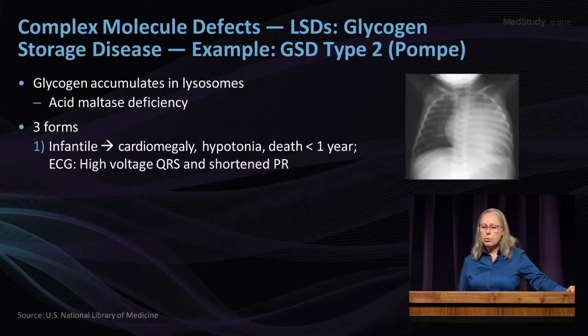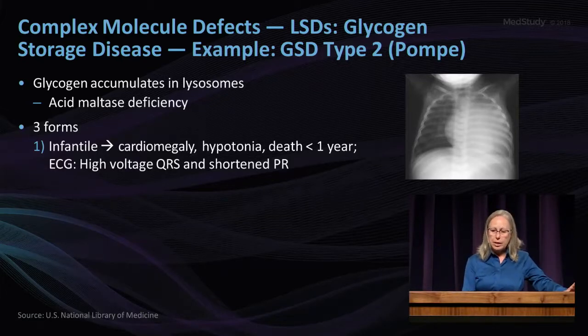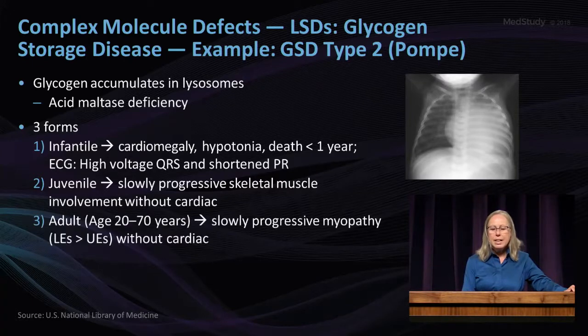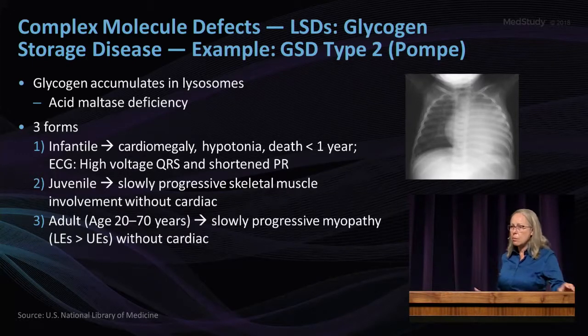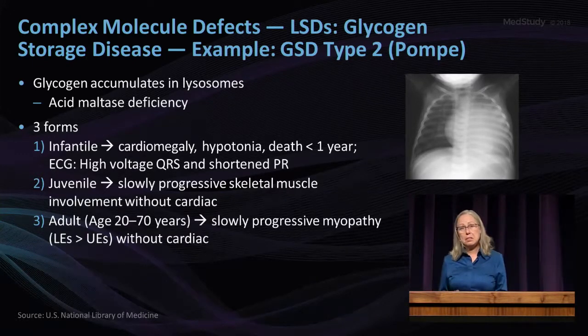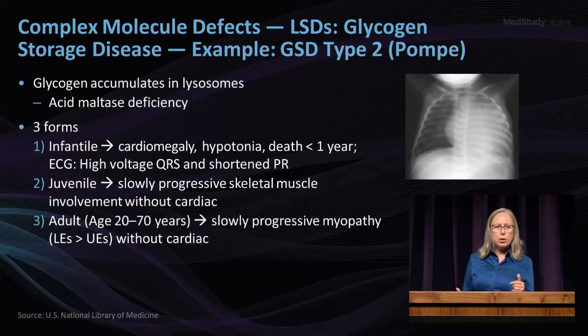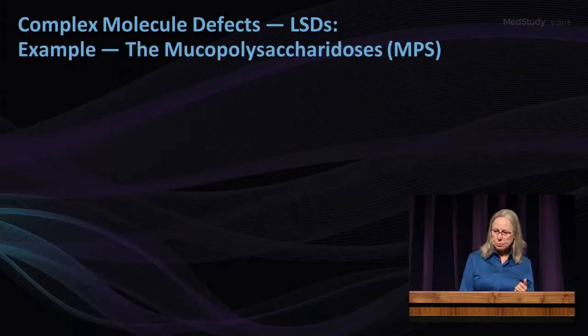The infantile form, which gives you profound cardiomegaly and hypotonia and death usually under a year of age. From the EKG, you see high voltage QRS and shortened PR intervals. The juvenile form is slowly progressive with skeletal muscle involvement without the cardiac findings. And then the adult forms can come on anywhere between 20 and 70 with a slowly progressive myopathy, usually the lower extremities before the upper extremities and no cardiac findings.